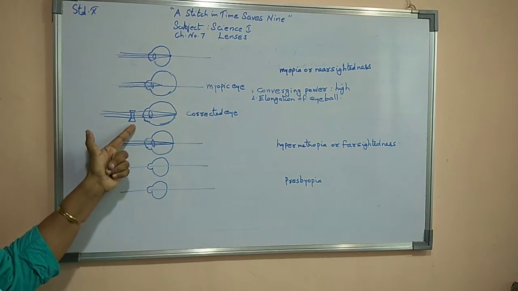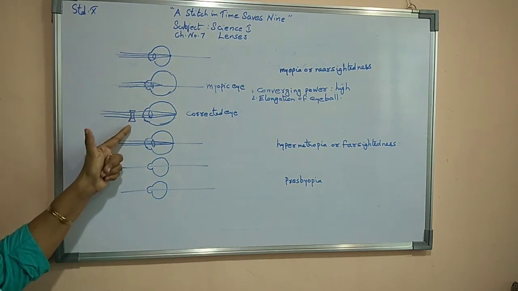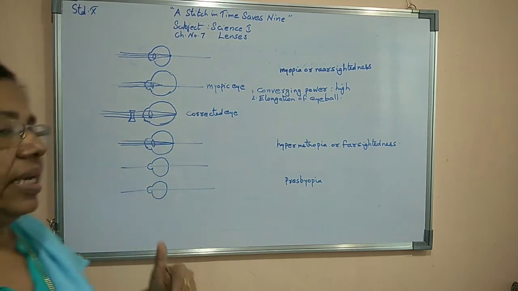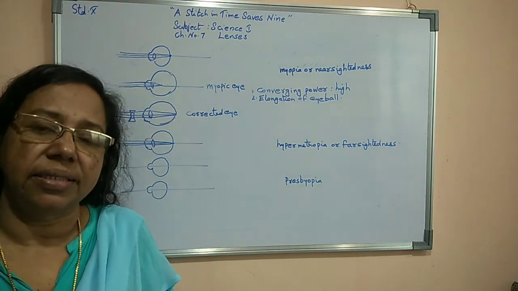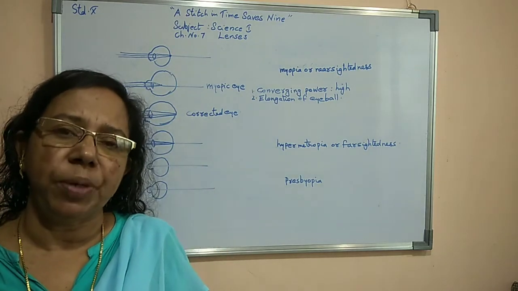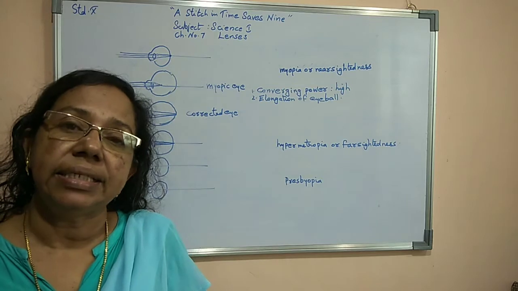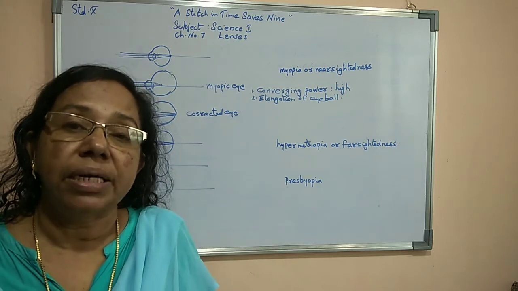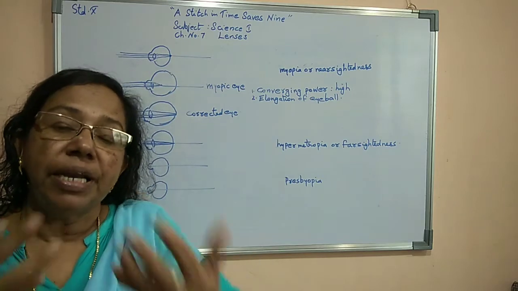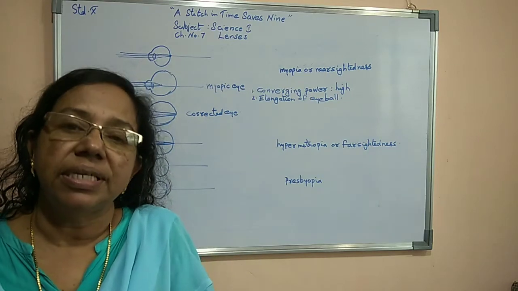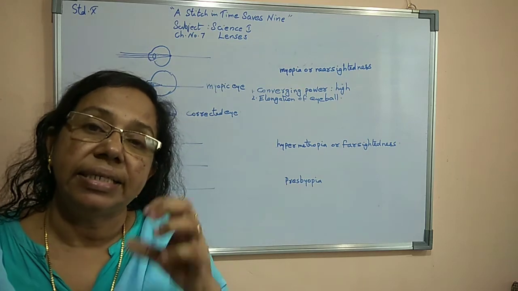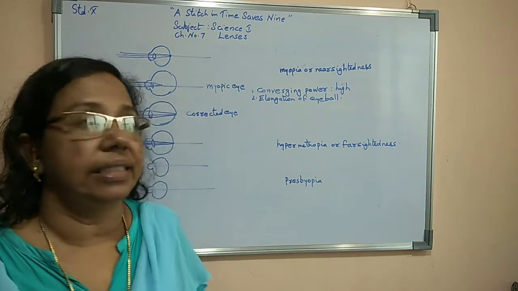Here, for correcting that, we are using a concave lens with the appropriate focal length. People who have myopia or hypermetropia use lenses in their spectacles, but all do not have the same lenses. Depending upon their problems, they have to use different powered lenses in their spectacles.